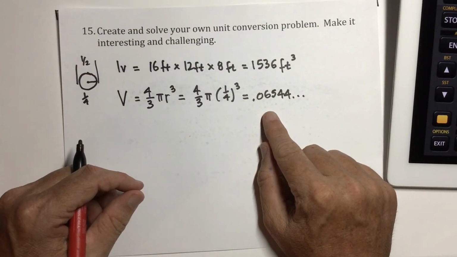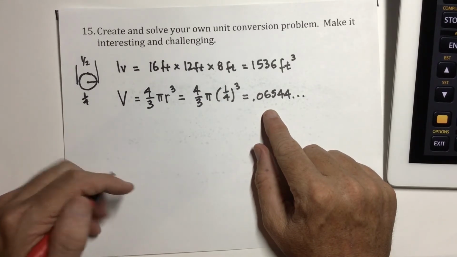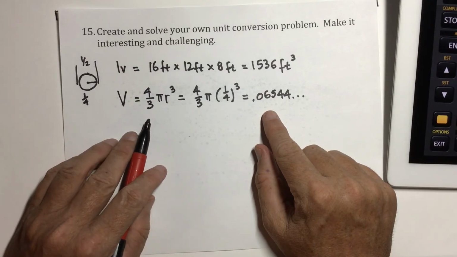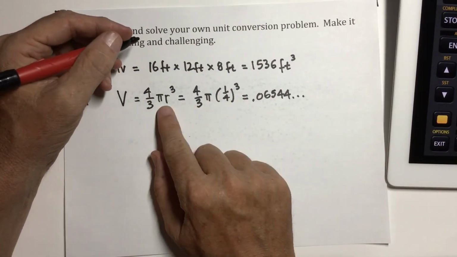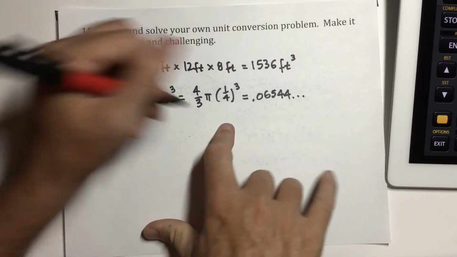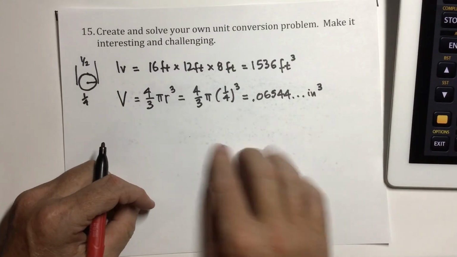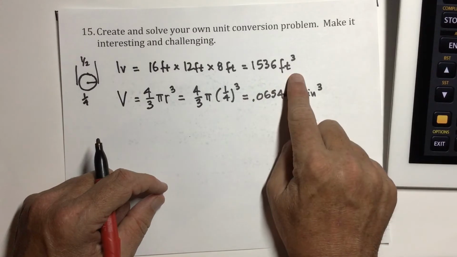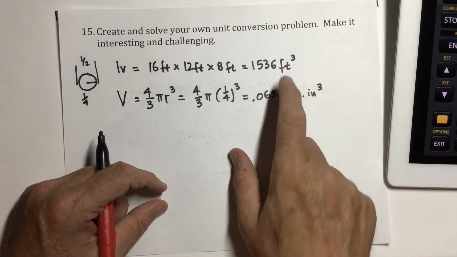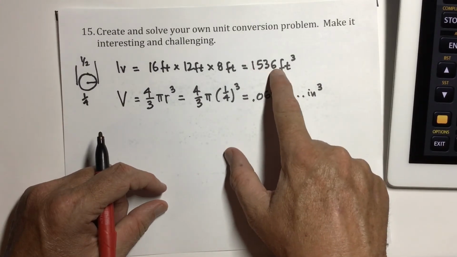Good. And that is in cubic inches, because my r was in inches. Now, if each marble has that volume, and my living room has that volume, then the number of marbles that can fit in my living room from floor to ceiling will be this divided by that.